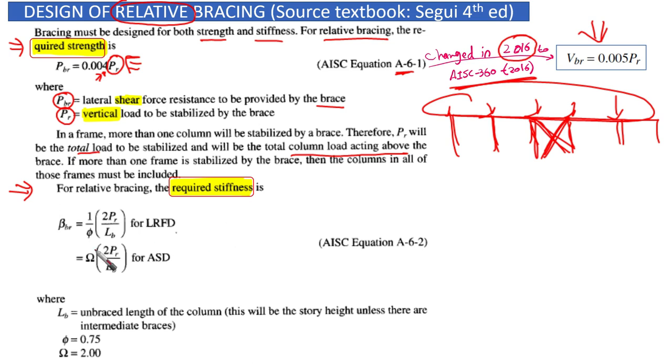And for relative bracing, the required stiffness is going to be beta BR equals 1 over phi, times 2PR over LB for LRFD, and the same equation here, but with omega. This is for the required stiffness, where LB is the unbraced length of the column, which will be the story height unless there are intermediate braces, and phi equals 0.75 and omega equals 2, as we have explained.